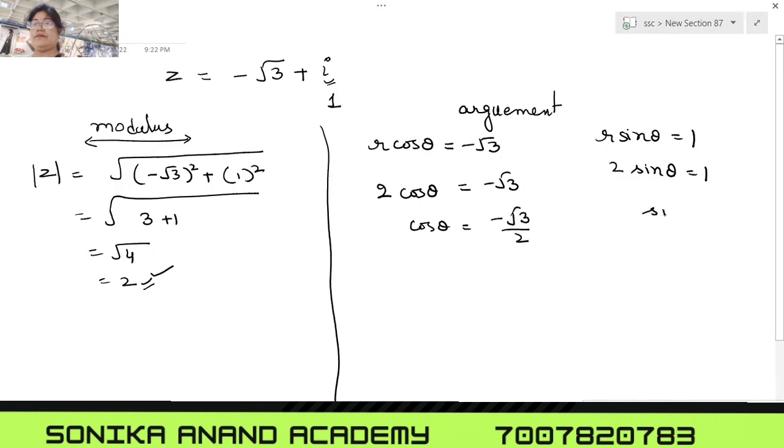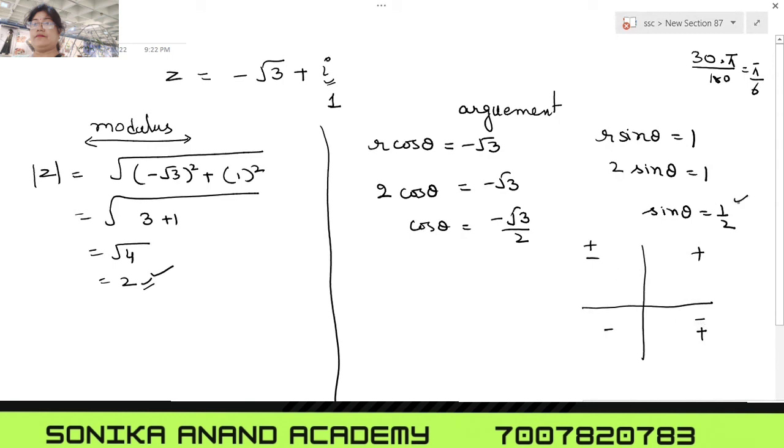Now can you tell me what is the angle? 30 degrees. So now we convert it, so that is pi by 6. Clear? Now which quadrant does it go to? Fourth quadrant.